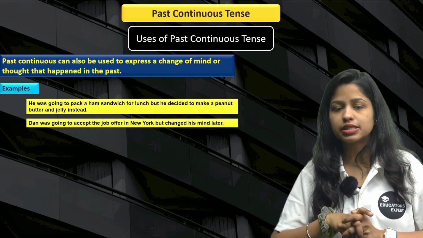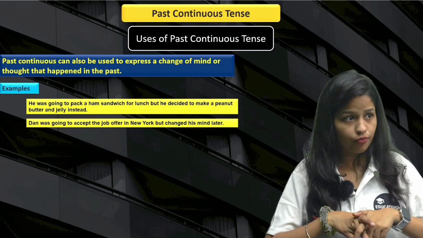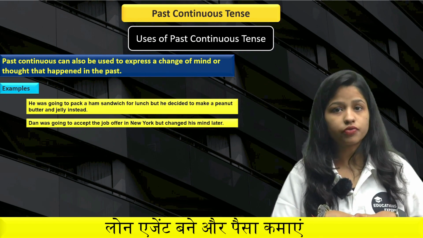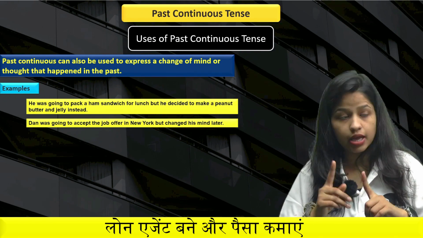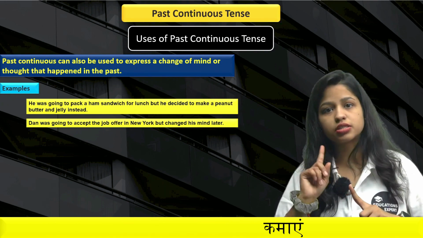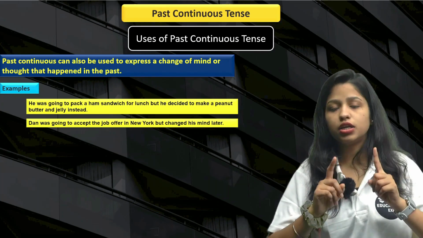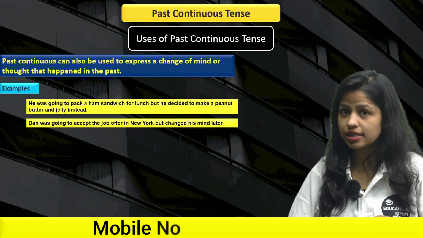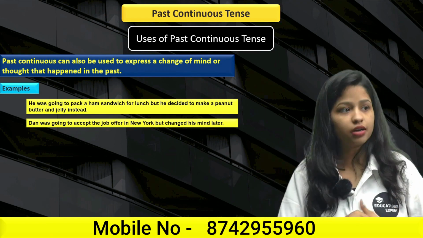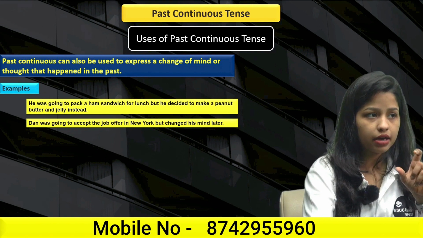If you look at the sentence more closely, you will get to know the change of mind. How? Basically, the person we're talking about was going to pack a ham sandwich first, and then he changed his mind and decided to make a peanut butter and jelly instead. This is how you can use past continuous tense in a more beautiful manner. Clear? So he was going to pack a ham sandwich.